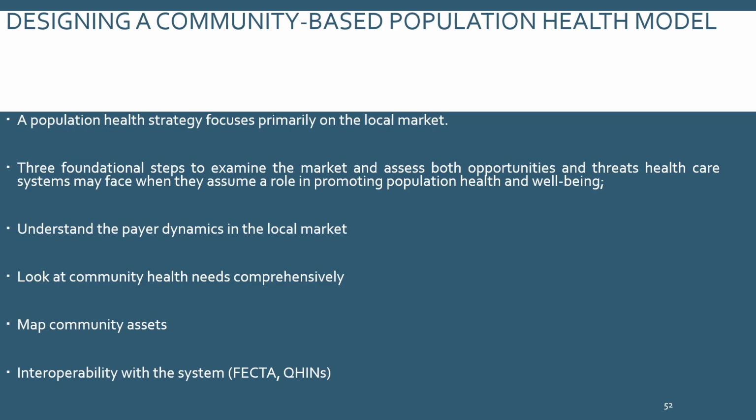You need to understand the payer dynamics, you need to look at the community health needs, and you need to map those community assets. And once you really understand the dynamics, because yes, who pays for what is the money, then you can map those needs with the assets, and this triangulation is the way to optimize things.